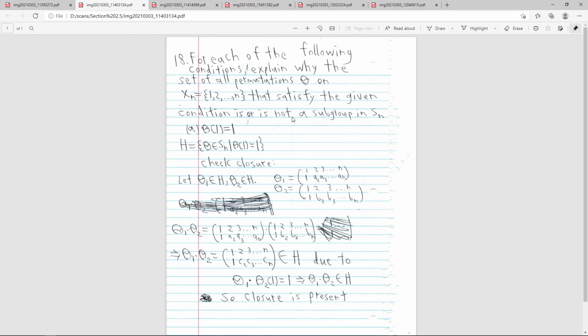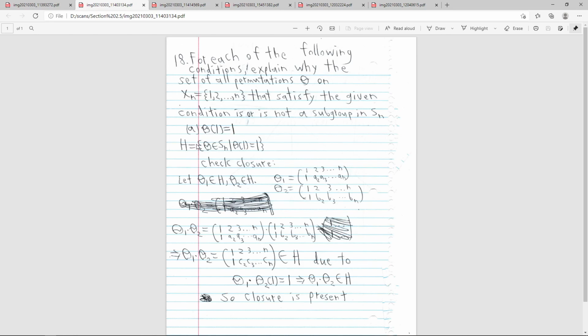So basically you have to figure out if that satisfies the given conditions. Sn is of course the permutation group, with all permutations possible.